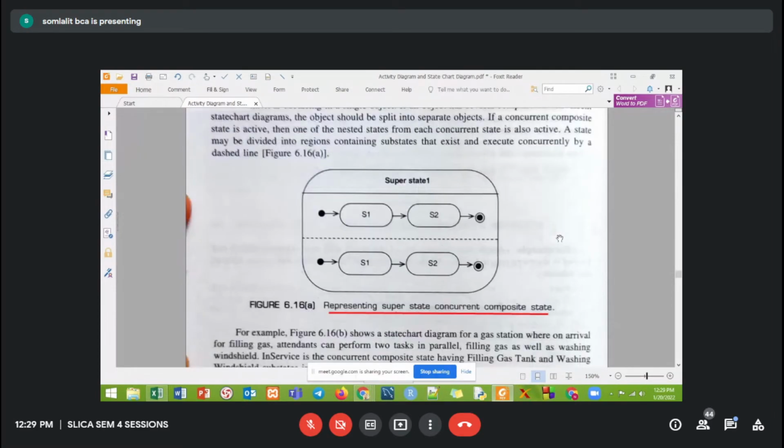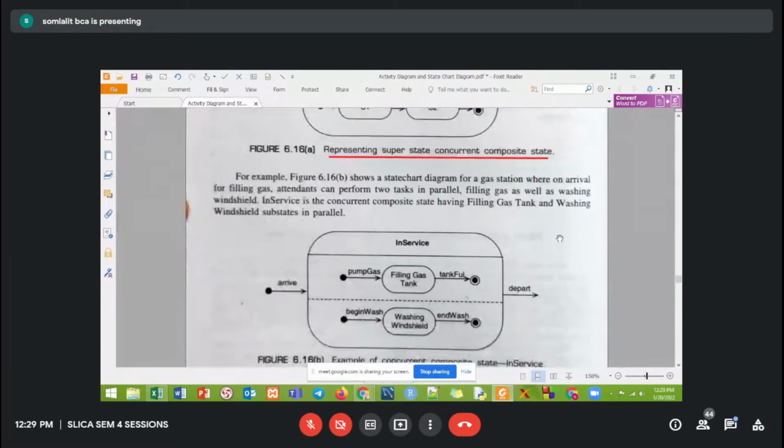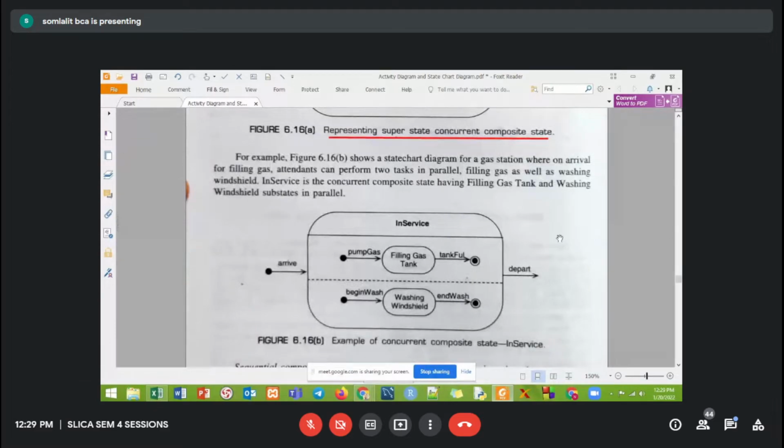Okay, so an example is given here of a concurrent composite state. I want to do a vehicle service. If I talk about an automatic vehicle service, two things can be done in parallel. The first is washing, which is an independent state, and filling the gas tank.